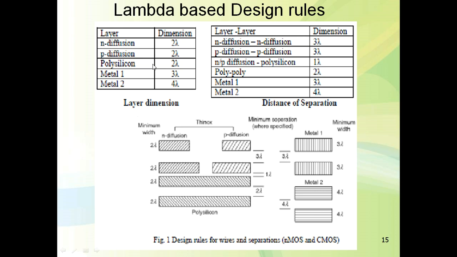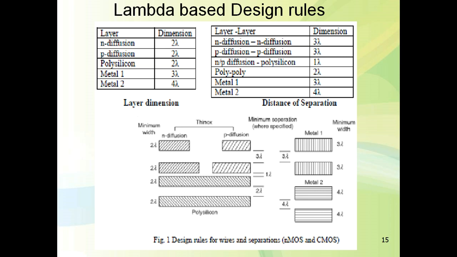Minimum width of polysilicon is 2 lambda. Minimum width of metal 1 is 3 lambda. Minimum width of metal 2 is 4 lambda. Generally metal 1 is used for local supply and metal 2 is for global supply, that is for VDD and clock circuits.